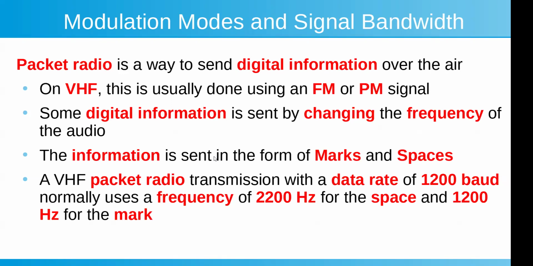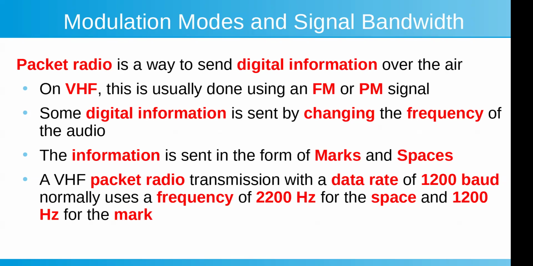There's a thing called packet radio where we send digital information in the form of packets. It's like a message. Think of basically sending a letter: it has an address, who you're sending it to, who it's from, and the contents of the letter. Packet is a digital representation of that.